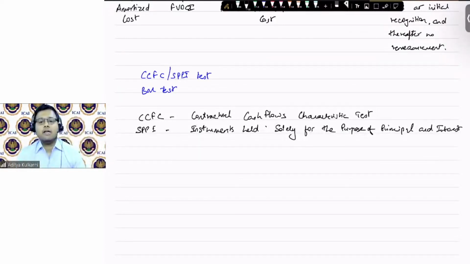So these are the two full forms. Contractual cash flows characteristic test, CCFC, and instruments held solely for the purpose of principal and interest, SPPI.